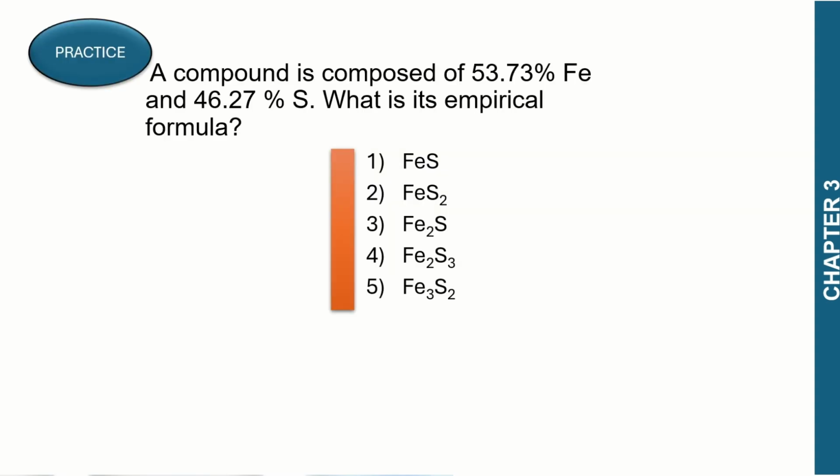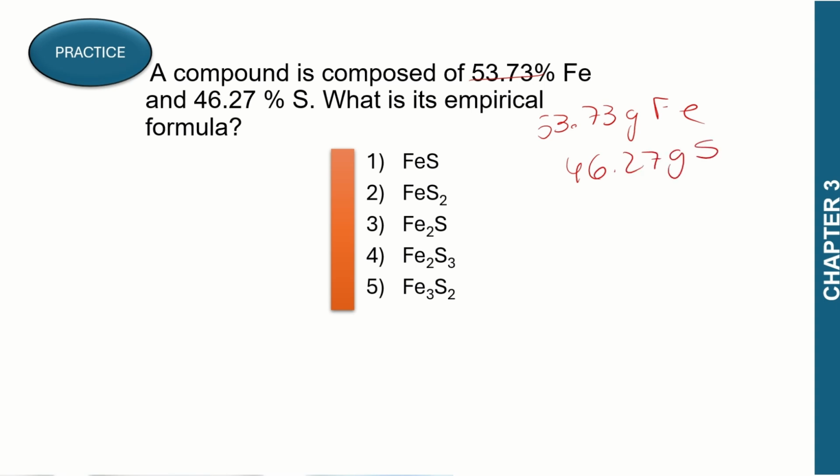So a compound is composed of 53.73% iron and 46.27% sulfur. What is the empirical formula? Easy, right? In this case, you're going to assume that you have 100 grams. So I have 53.73 grams of iron and 46.27 grams of sulfur.